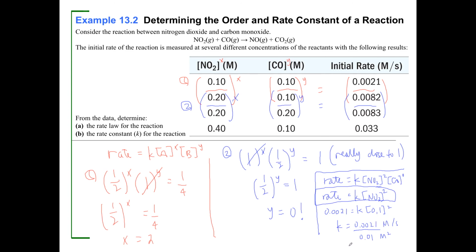Okay, so it looks like my answer, k, is going to be 0.21, and it looks like it's going to be 1 over molars per second. All right, so there's my second answer, the second part of this question. All right, hope that's helpful. And that's all we're going to do for this section.